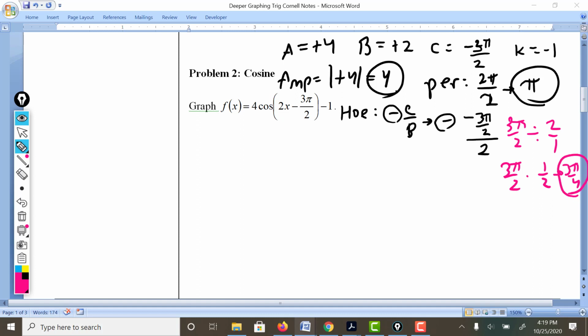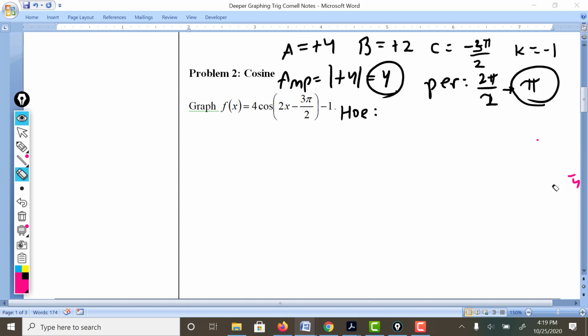Okay. So remember, like I said before, if you needed that one skill to be successful in the class, that skill is going to be keep flip change. So we're looking at a horizontal shift of 3 pi over 4. Let me go ahead and clean up some room here. Recall that this shift will also be the first point.